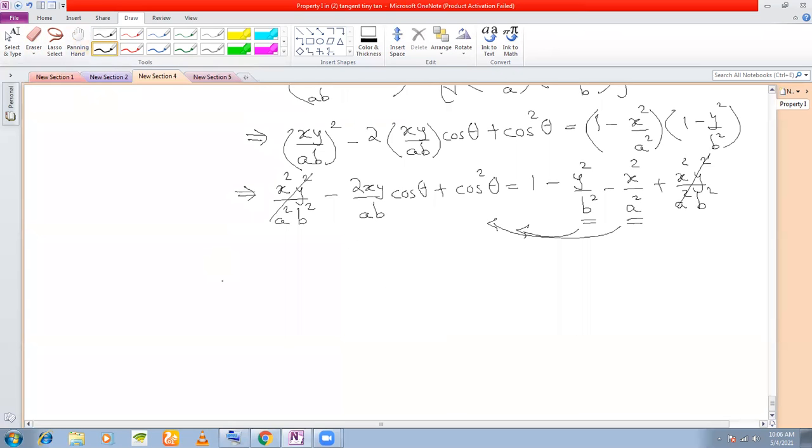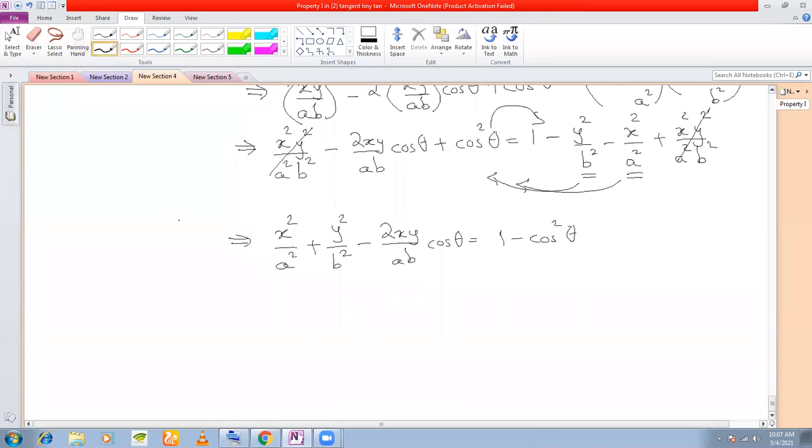So what you get here is x square by a square plus y square by b square minus 2xy by ab cos theta is equal to, now cos square theta you transpose to this side, you get 1 minus cos square theta, which is sin square theta, and therefore which is the required proof.